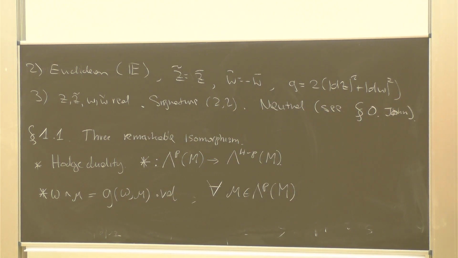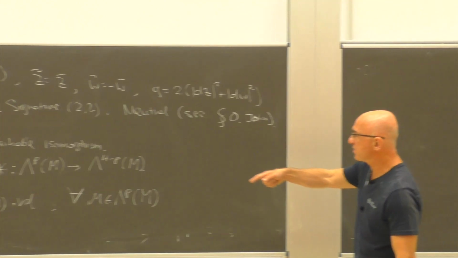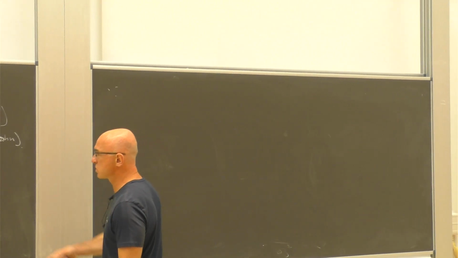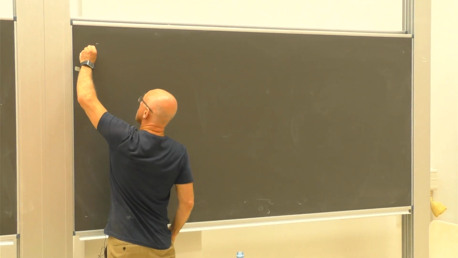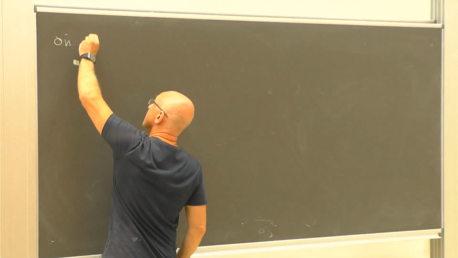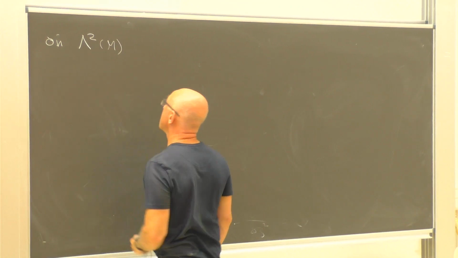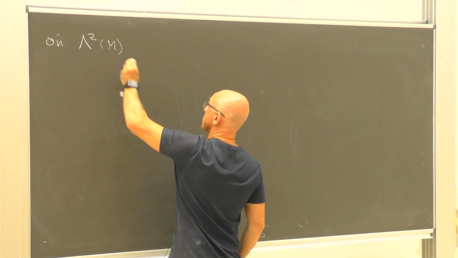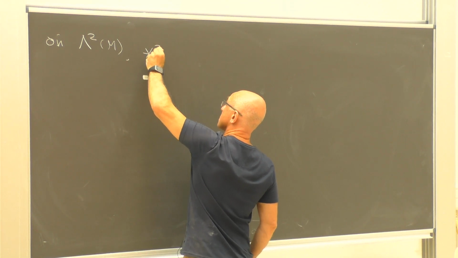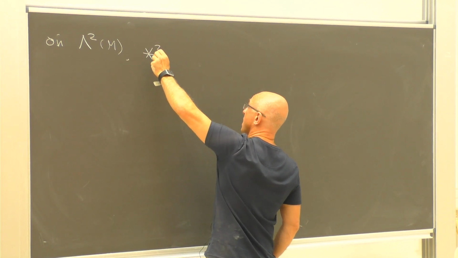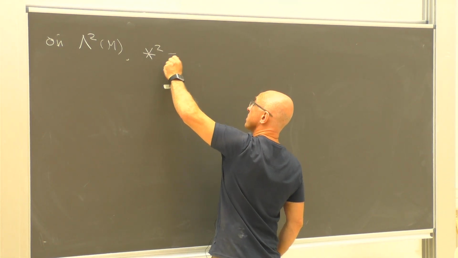Now, what then happens is you see what happens to this endomorphism on the space of 2-forms. So on lambda 2 of M, you find that in complexified Minkowski space, the way I've defined it, star squared, so applying this Hodge star twice, gives you the identity.